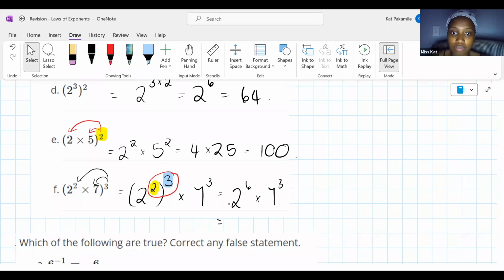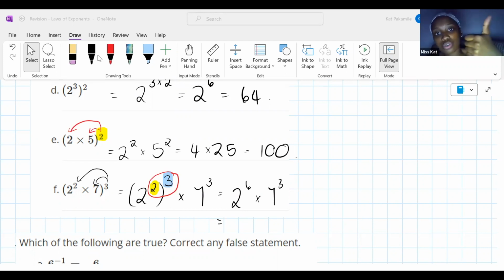Not times 6, be careful, not 2 times 6. It's 2 to the power of 6. So it's 2 times 2 times 2 times 2, 6 times. So 2 to the power 6 is equal to 8. Then 7 to the power 3 is equal to.